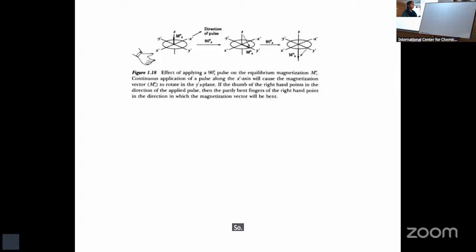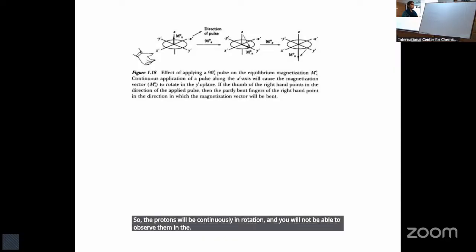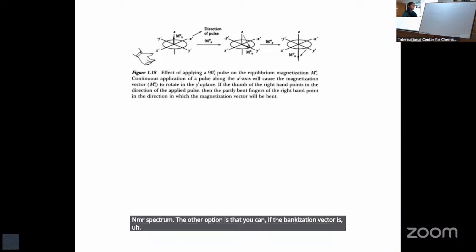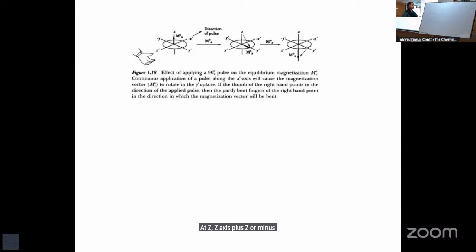The protons will be continuously rotating, and you will not be able to observe them in the NMR spectrum. The other option is that if the magnetization vector is along plus Z or minus Z, you will not be able to see it. Why? Because the detector in NMR is in the XY plane.